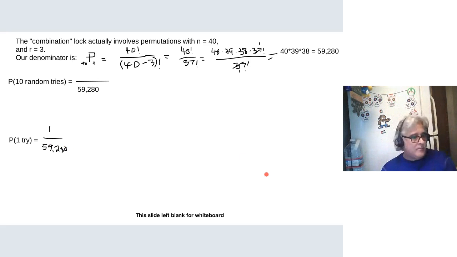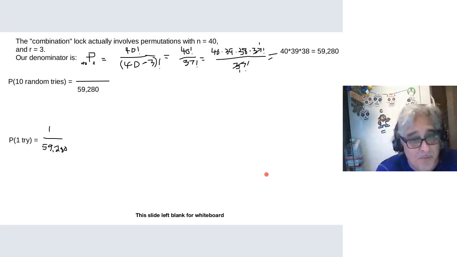Does that make sense? Because we figured out that denominator, because that's how many different permutations there are. There's 59,280 unique permutations.